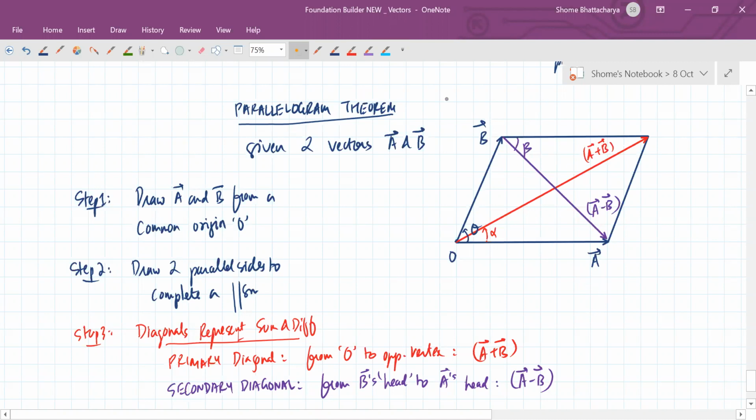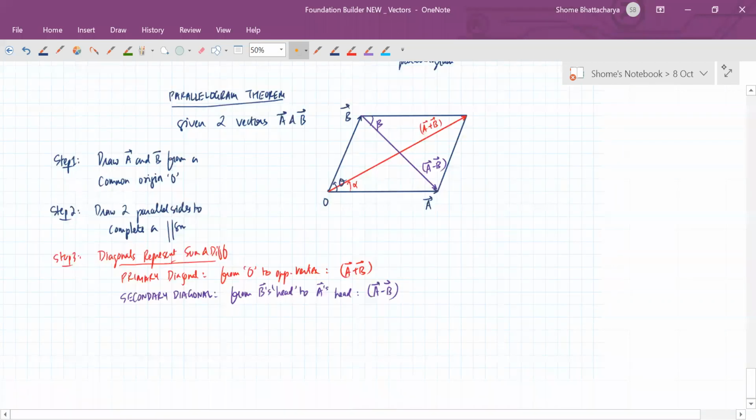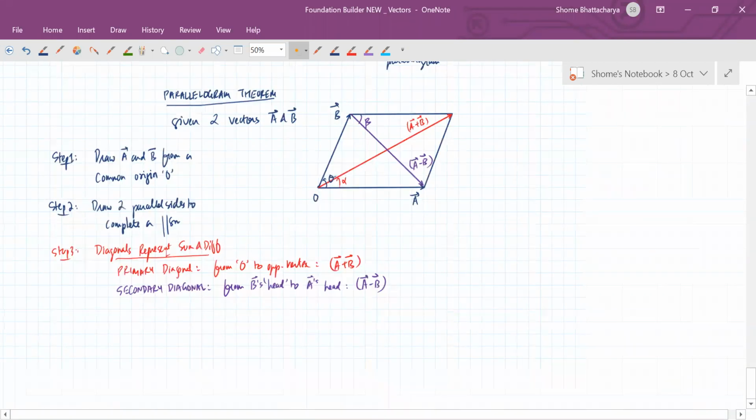And you can understand that in this figure we have the two triangles that we have drawn earlier merged into one parallelogram.